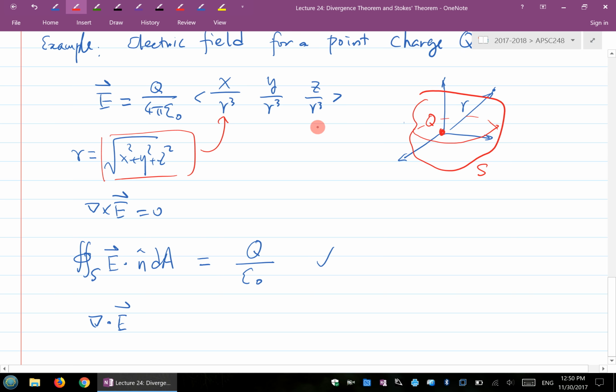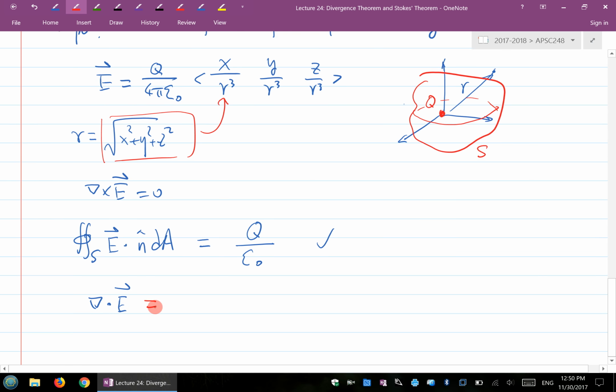So if you calculate the del dot E, which is basically partial m over partial x, partial n over partial y, and partial p over partial z, that's 3 partial derivatives. Now, if you calculate this one here, you will find it equals 0.